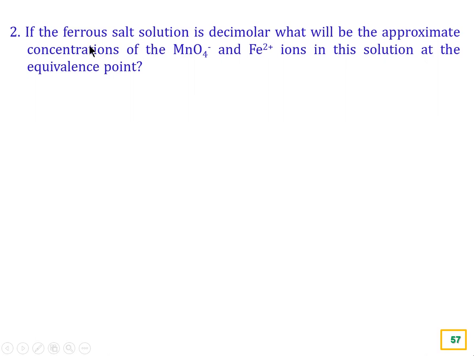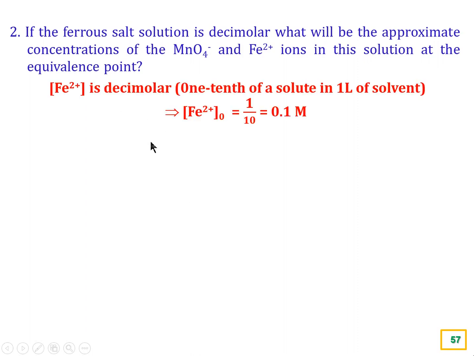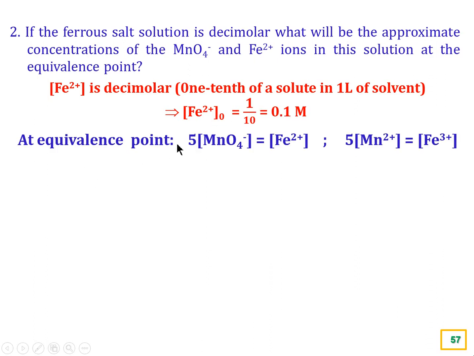In part 2, if the concentration of Fe2+ solution is decimolar, that means 0.1 molar, what will be the concentration of MnO4- and Fe2+ in the solution at equivalence? So the concentration of Fe2+ is 0.1 molar. At equivalence point, we proved Fe2+ equals 5 concentration of MnO4- and Fe3+ equals 5 concentration Mn2+.